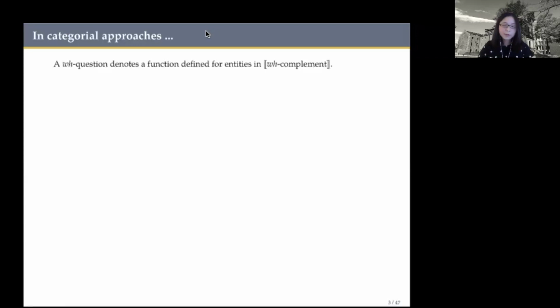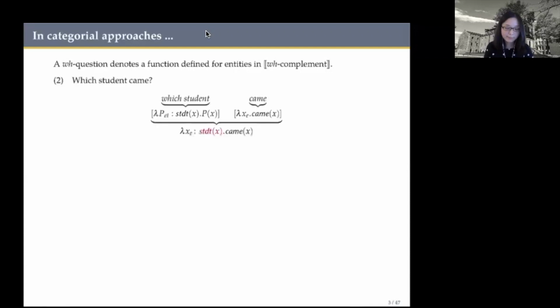So in categorial approaches, a depth question is defined as a function that is defined for entities in the denotation of the depth complement. For example, in 2, which student came? Which student serves as a function domain restrictor. It combines with a first-order function that is defined for any entity and returns a more restrictive function that is only defined for entities that are atomic students.